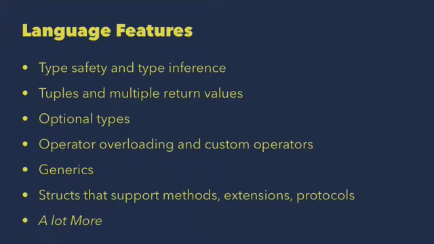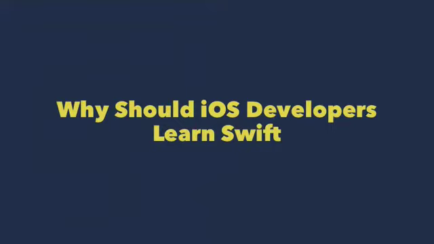Before I dive in and give you the reasons why I think we shouldn't use Swift in production code, I want to say we should learn Swift as an iOS developer. Learning and writing code for a client project are totally different things.